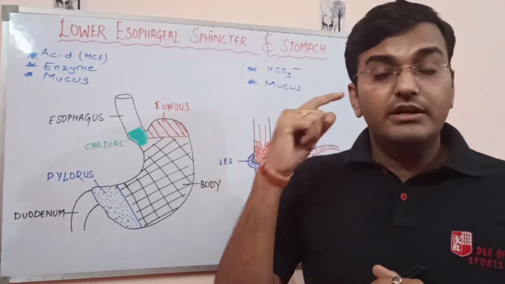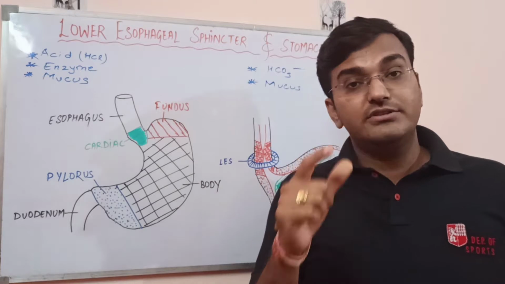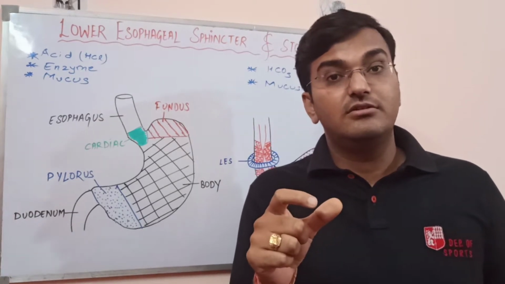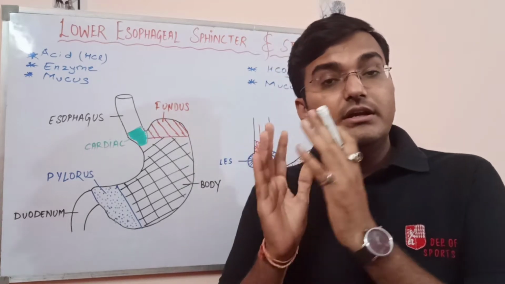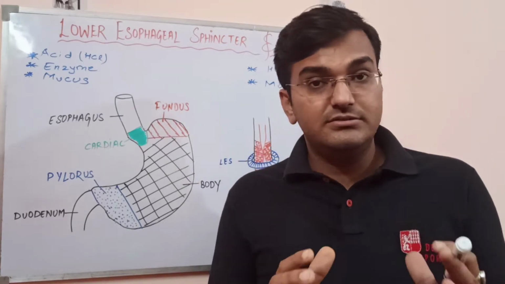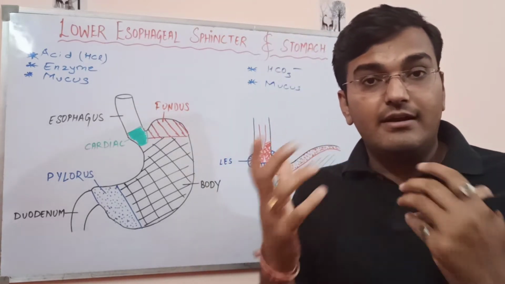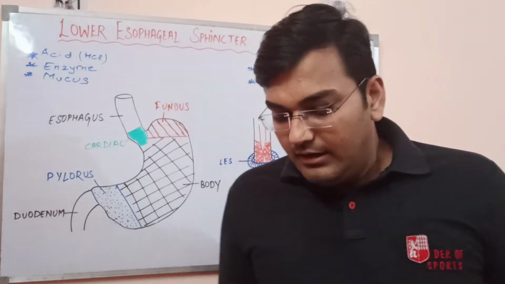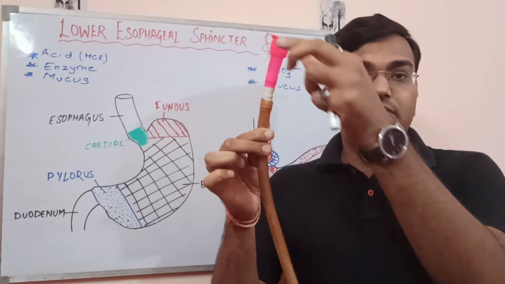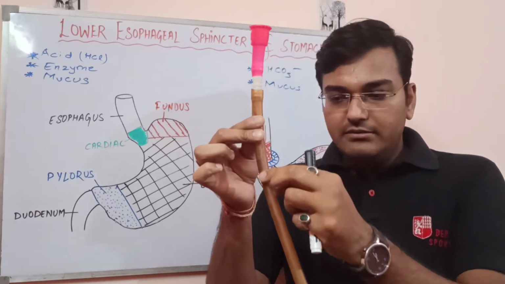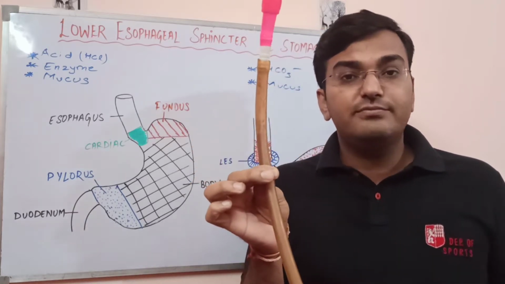In the start of that video I had told that it's a kind of circular muscle. So do not confuse it with a normal valve. It's a kind of circular muscle which contracts and relaxes. Let us suppose this is the alimentary canal, this is our mouth, and this would be a sphincter.